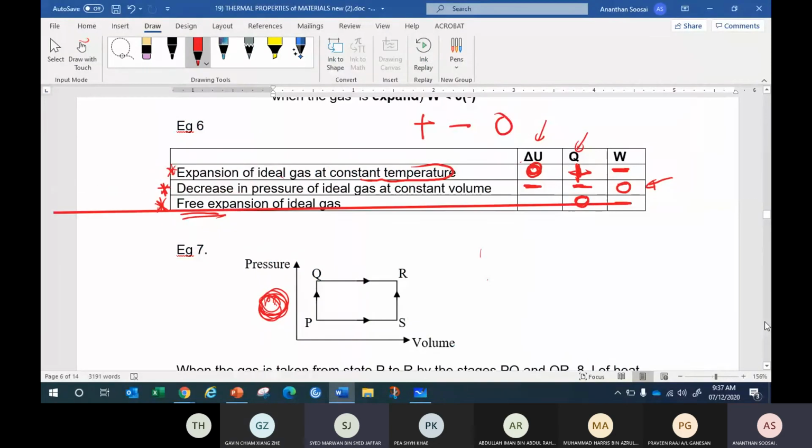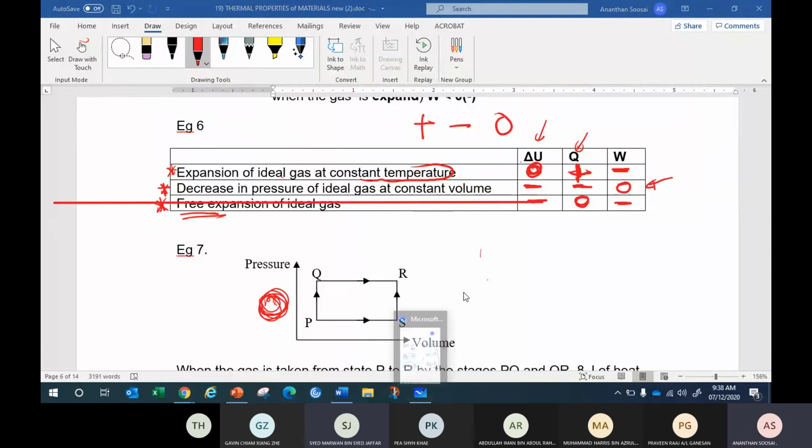It's expanding. Expansion work is negative. So based on the first law, what will the change of U be? Positive, negative, zero? Negative.